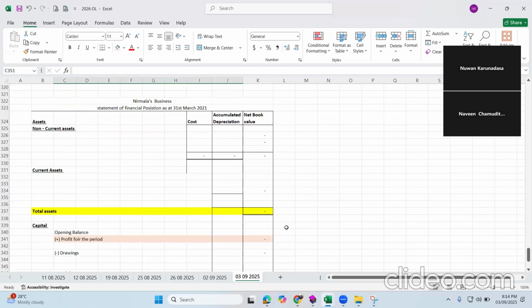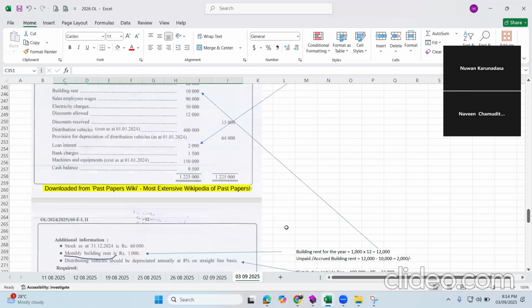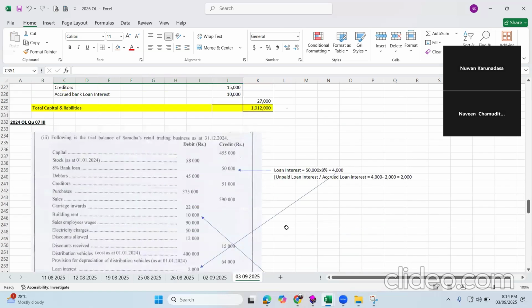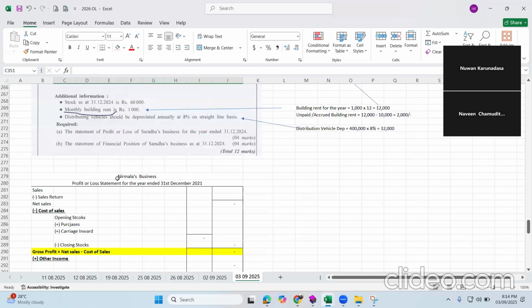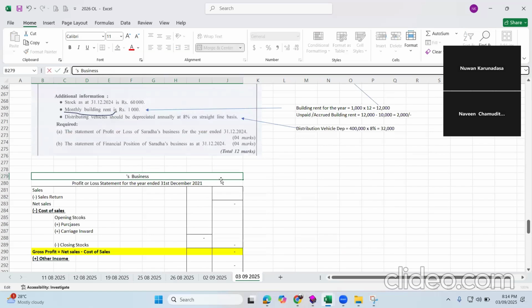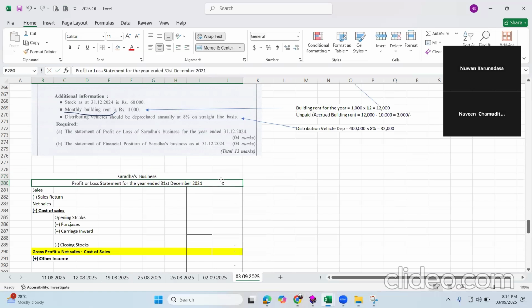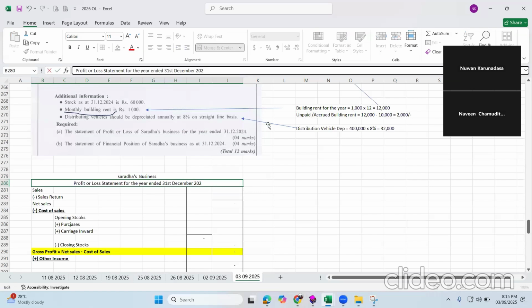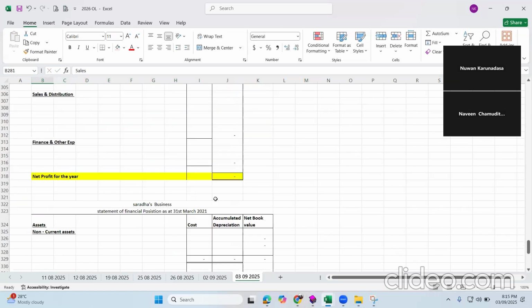Name of the business is Saradas. Saradas business profit and loss statement for the year ended 31st December 2024.